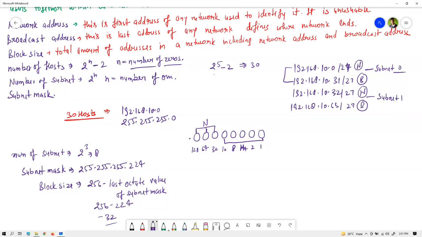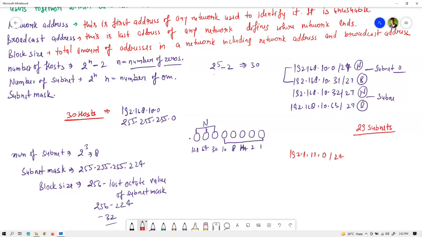Now, in subnetting, anyone can give you a requirement like this also. For example, we have a network address, you can take any network address, 192.1.11.0 slash 24, and here it is asking that I need 29 subnets.